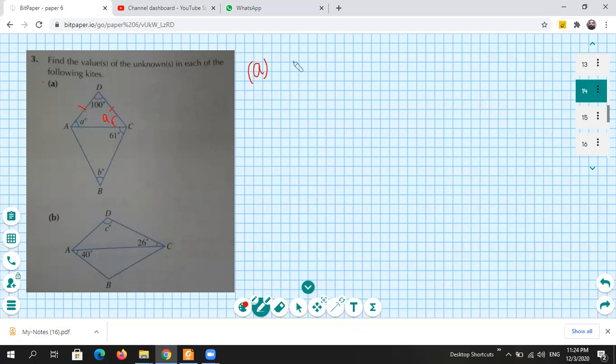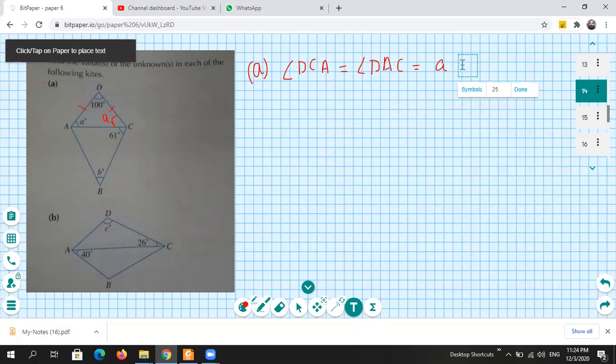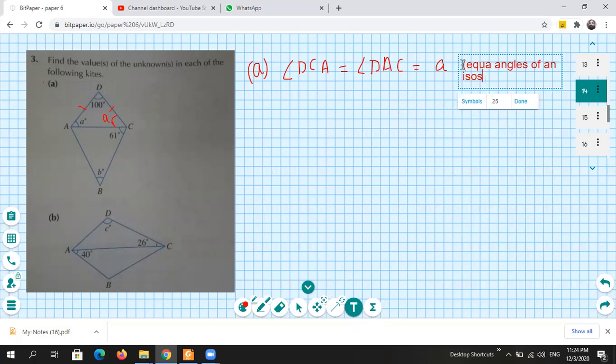So we can write here angle DCA equal to angle DAC equal to A. The reason is equal angles of an isosceles triangle.